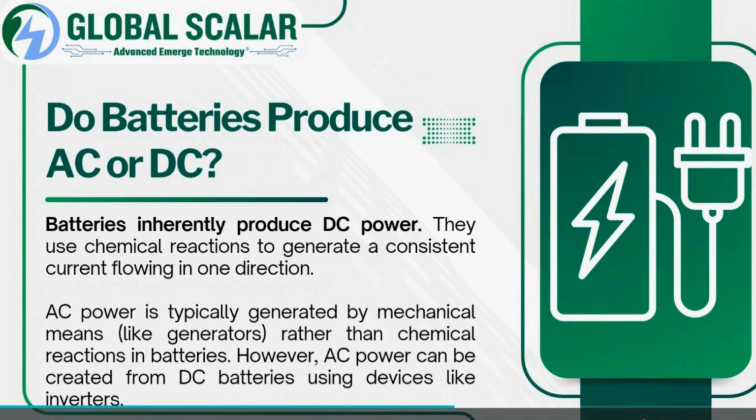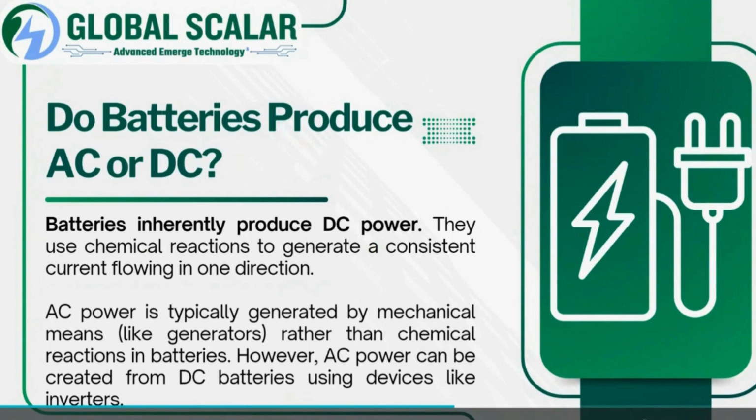AC power is typically generated by mechanical generators rather than chemical reactions in a battery. However, AC power can be created from DC power using devices like inverters. Generally, AC power cannot be stored in batteries. That is the first point everyone should remember. Moreover, DC power is the one we can store in batteries.